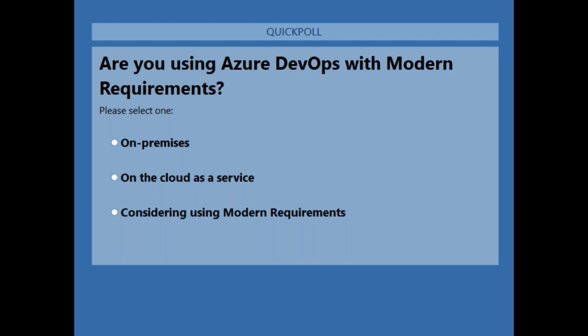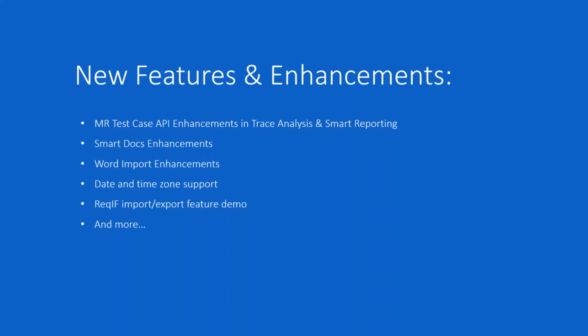Okay, well, it looks like majority of people, or a little bit more than half, are on the cloud as a service, and then 30% is on-prem, and 20% is considering using modern requirements. So welcome for those who are new. Okay, and then I'm going to go on to the next question.